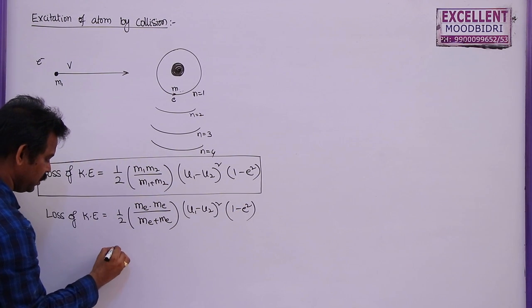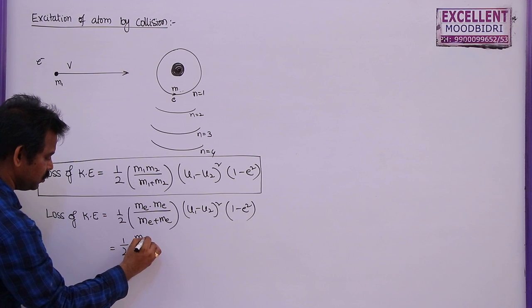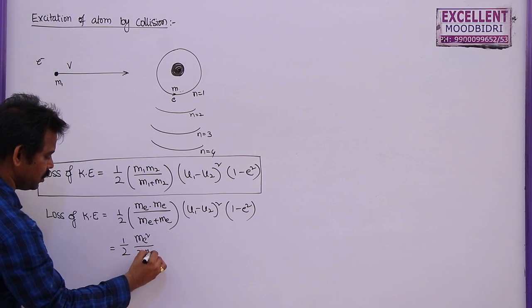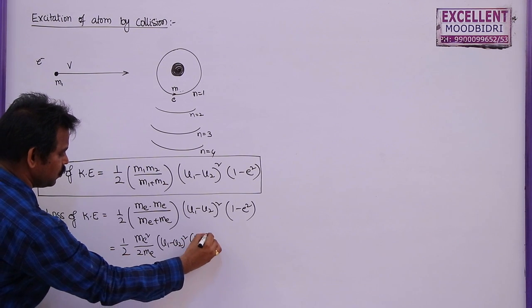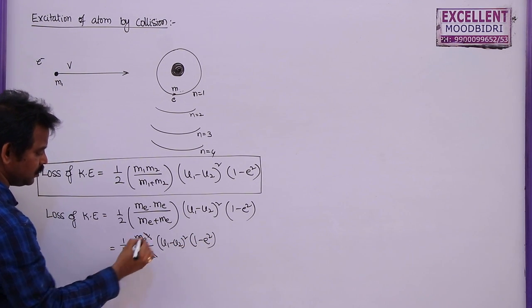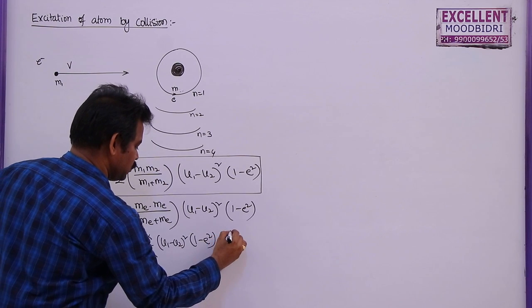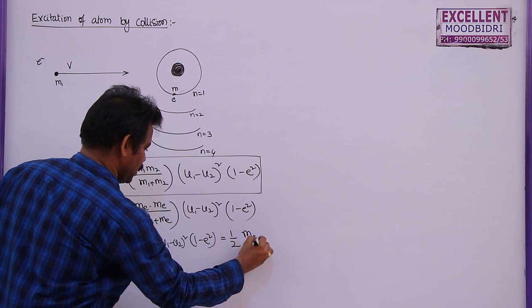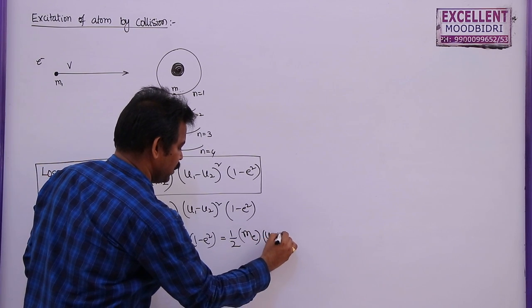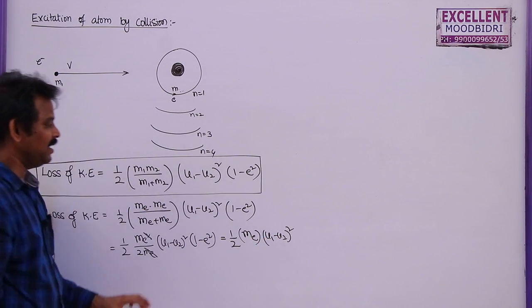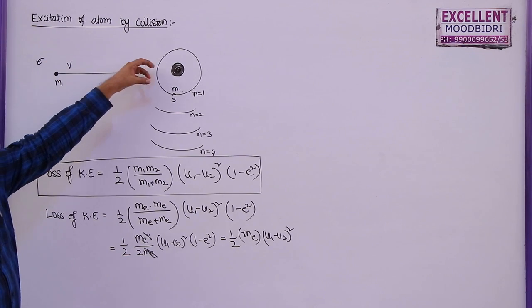So this you can write as half into m_e square by 2m_e, (u1 minus u2) whole square, into (1 minus e square). This m_e gets cancelled. So this is equal to half into mass of electron into (u1 minus u2) whole square.